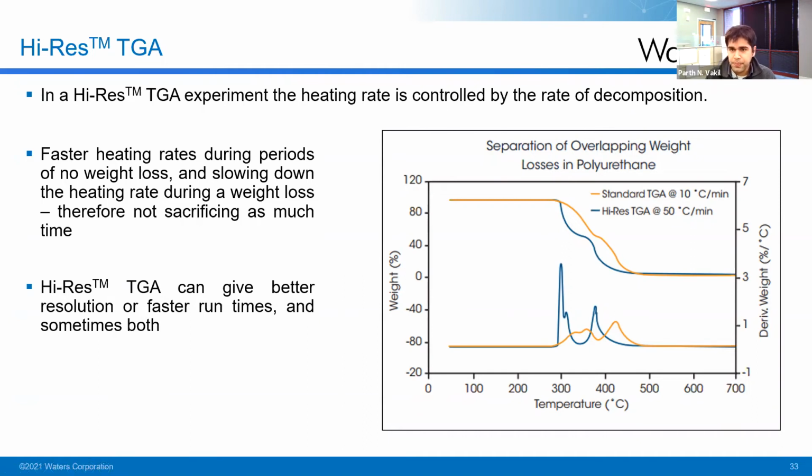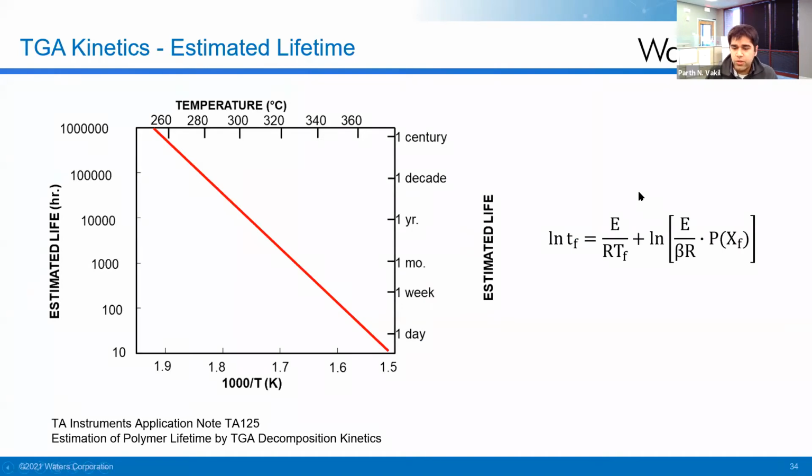And then the last thing we'll talk about, or the 2 last things we're going to talk about, is TGA kinetics. So we talked about how one can look at an insulating polymer or rubber, something that is preventing electrical cables from short circuiting each other. You could estimate the decomposition of that insulation by using a TGA.